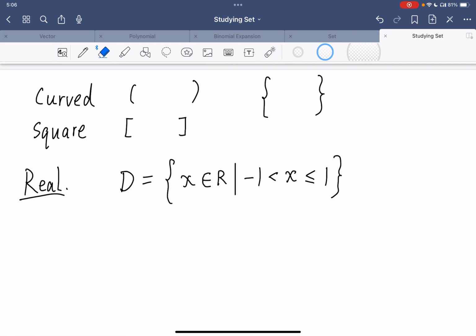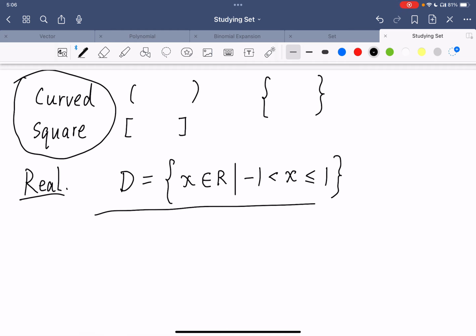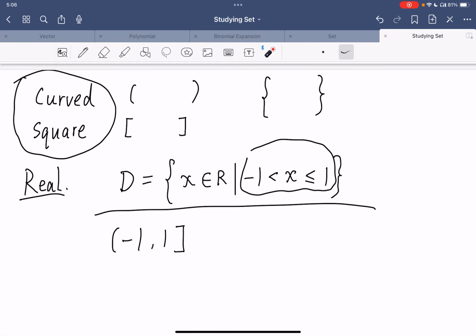All right. And how can we use the brackets to represent this meaning, especially for this inequality? Actually, it looks like this one. So on the left-hand side, because it excludes the -1, we use curved bracket.